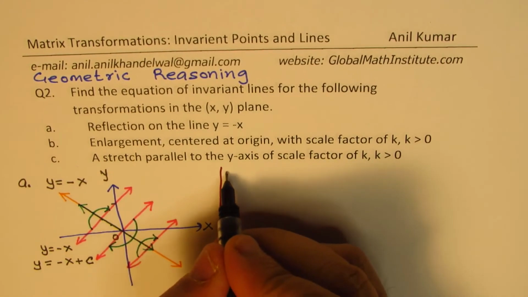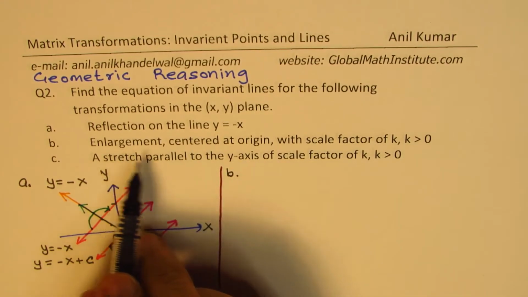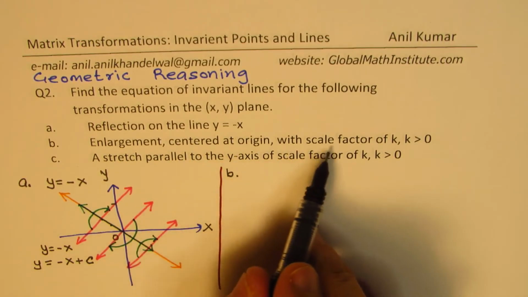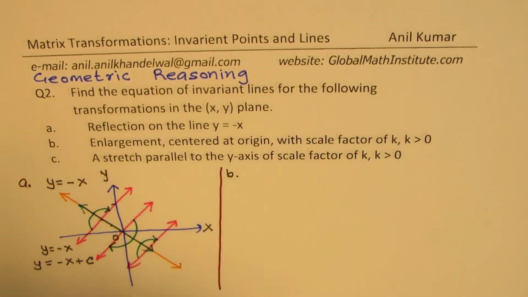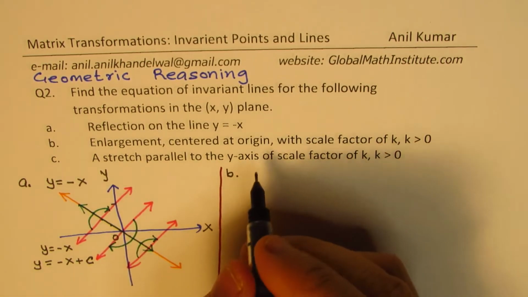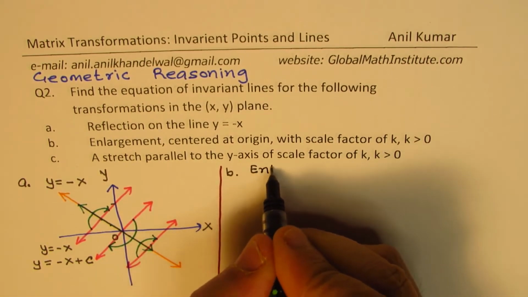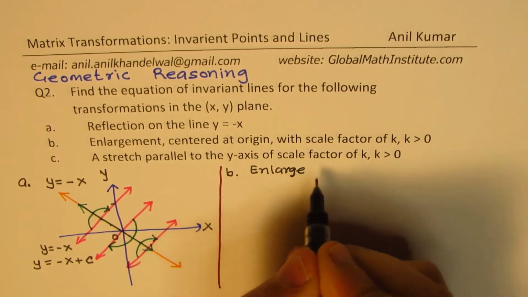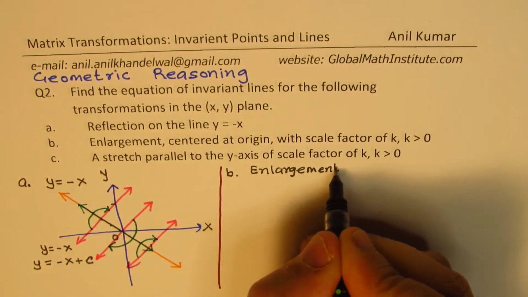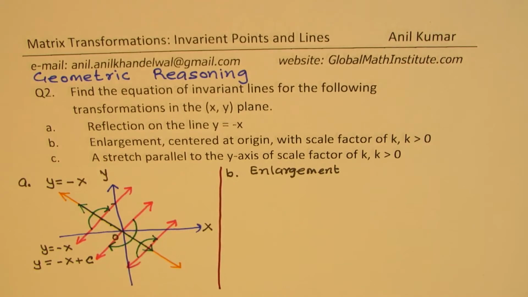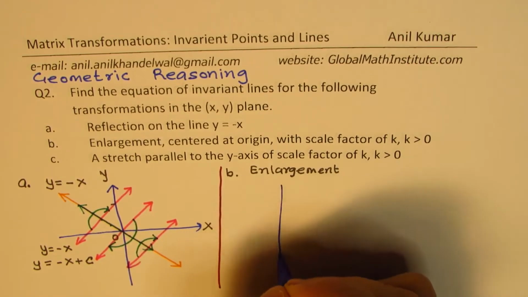In part B, we are talking about enlargement centered at the origin with scale factor k, right? So we are talking about enlargement centered at the origin. Now, if I consider this particular case, let me just draw it here.